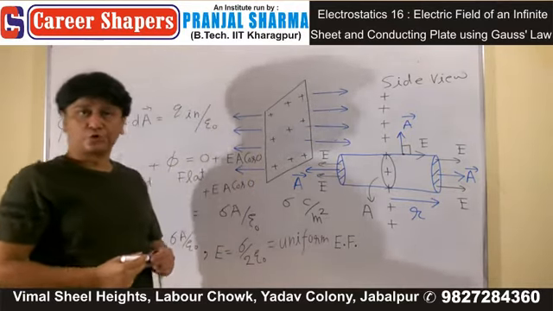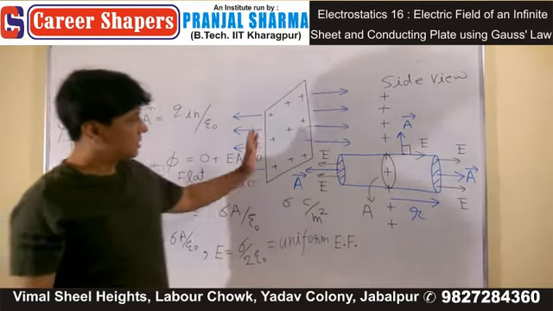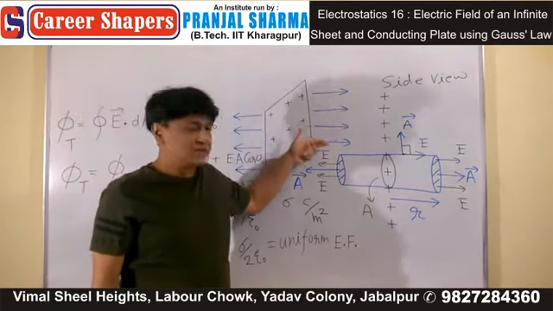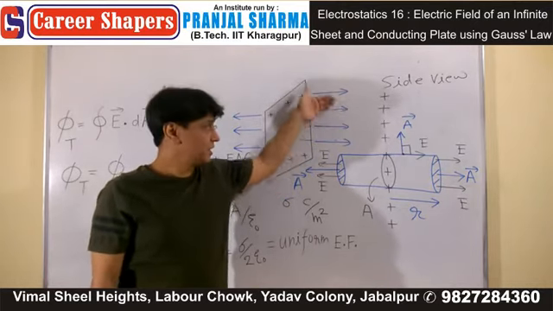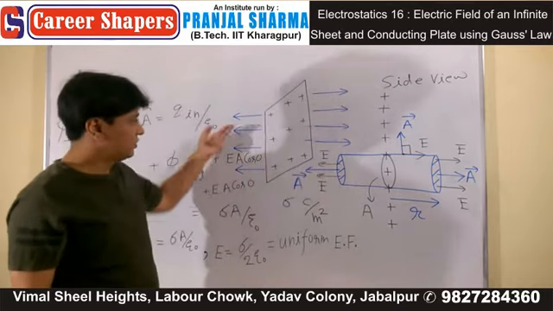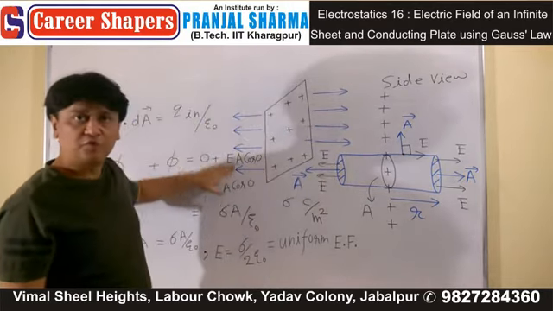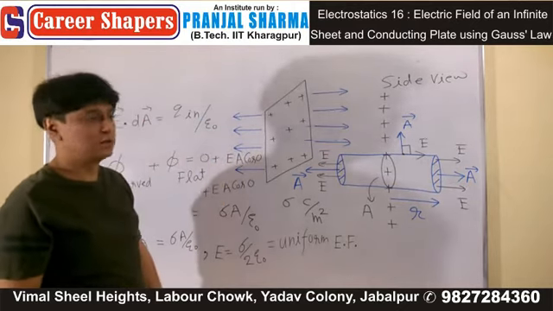That's how you should show these electric field lines. Look at the spacing. They should be of uniform spacing. They all are pointing in the same direction. They have uniform spacing and are pointing in the same direction.